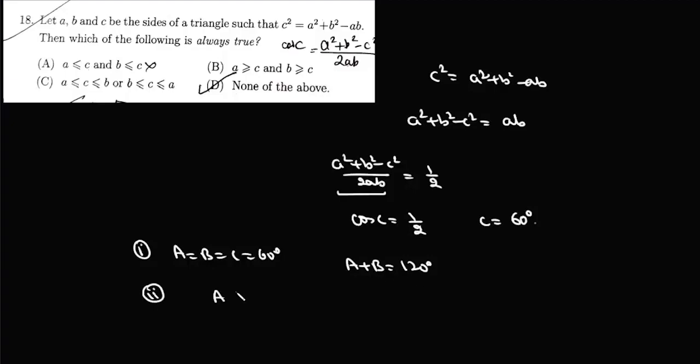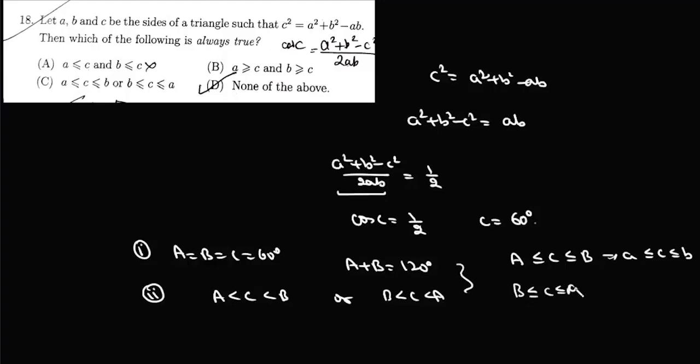So it will be either A is less than C is less than B, or B is less than C is less than A. So generally we can write either A is less than or equal to C is less than or equal to B, which will give us A less than or equal to C less than or equal to B, or B is less than or equal to C less than or equal to A, from where we get B is less than or equal to C less than or equal to A using the sine rule. That means the correct option is option C.